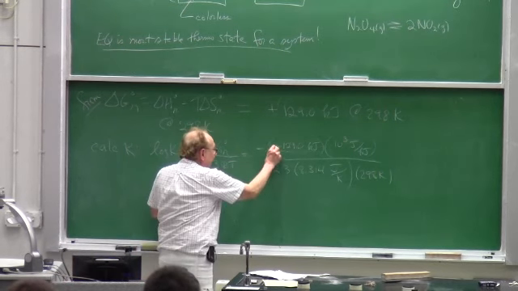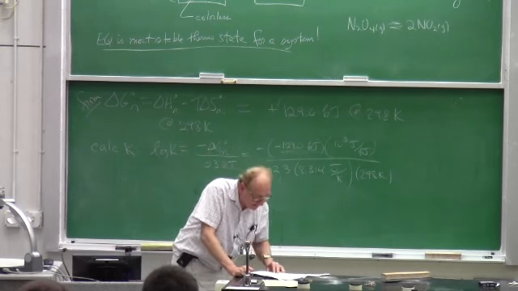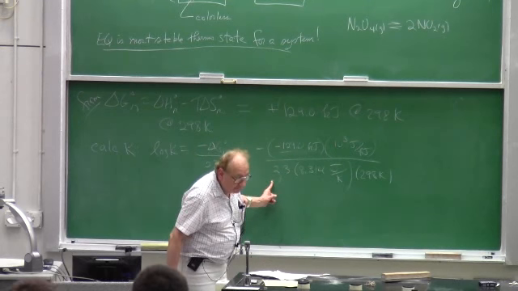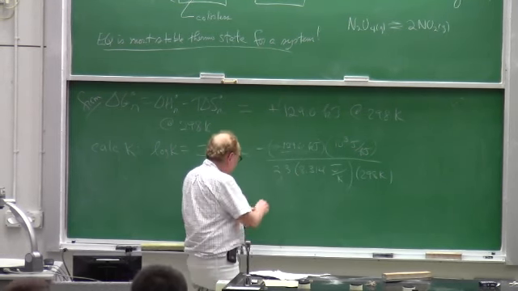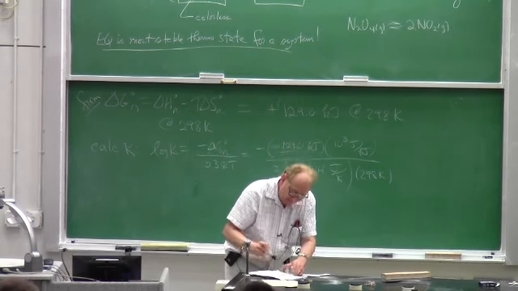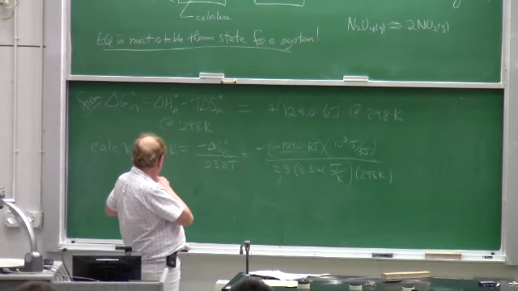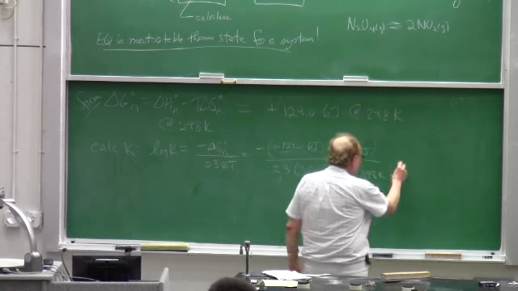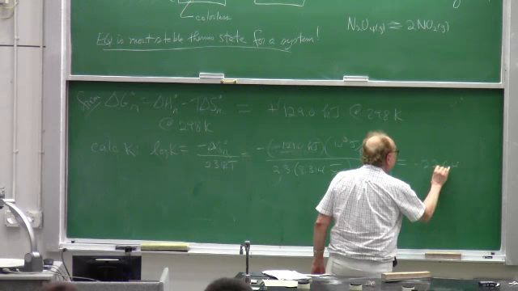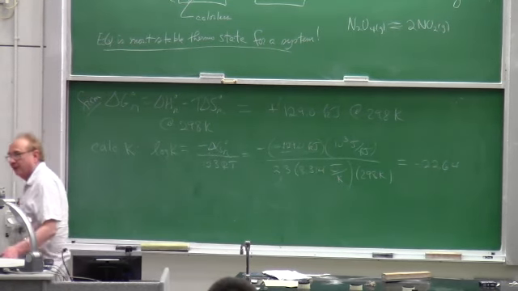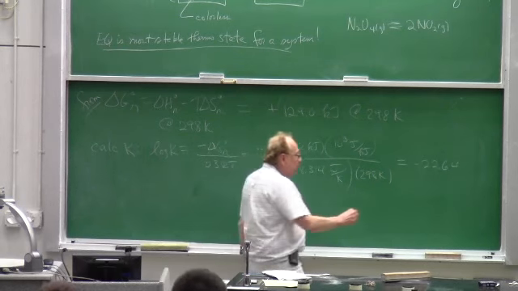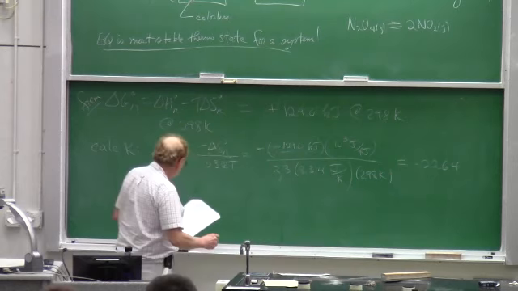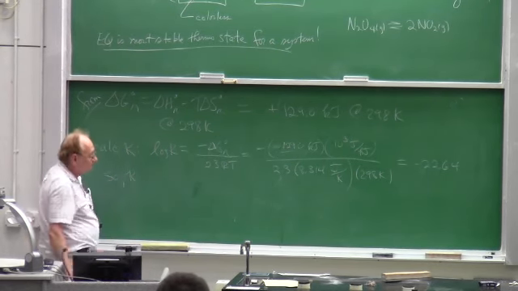There's minus free energy. Unit conversion, 2.3. Do the arithmetic. If you look at the units, since we're calculating this equilibrium constant from thermodynamic properties for the system, no units left. We just get a number. The log of the number is minus 22.64. So, okay, any log of that.